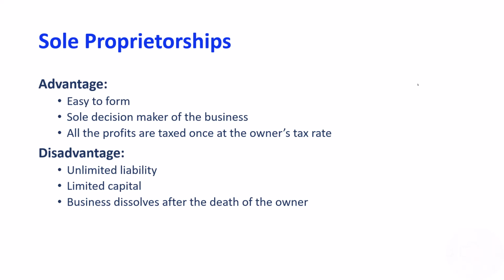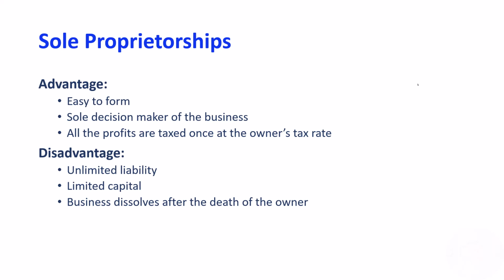And in terms of disadvantages, is that you have unlimited liability, meaning that if you are not able to meet your contractual obligations, if you're not able to pay your interest and principal on a loan, the banks can come after your business.